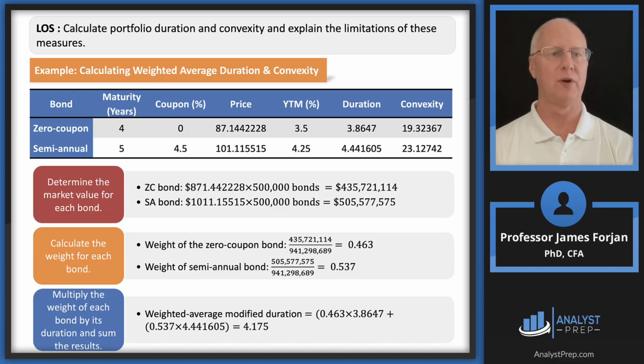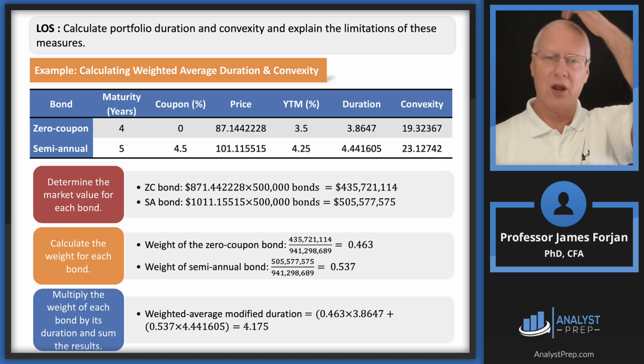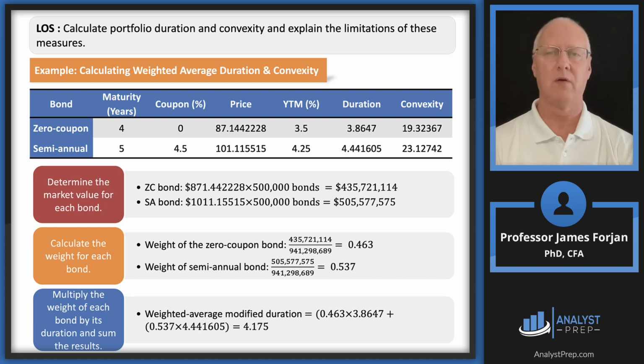All right, so here we go. Let's look at the table. Zero coupon bond, 4 years to maturity, has a 0% coupon rate. That makes sense. It has a discounted price, 87. Yield is 3.5%. And the duration is 3.8647. We might have had two columns for duration.